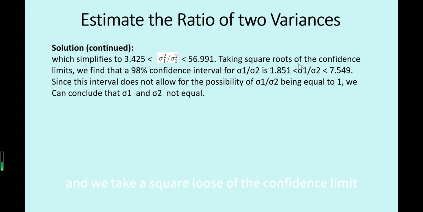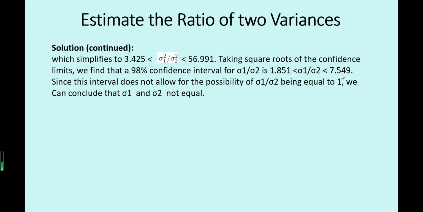And we take square roots of the confidence limits for both ends. We find a 98% confidence interval for sigma 1 by sigma 2 is between these two limits, 1.85 and 7.55.